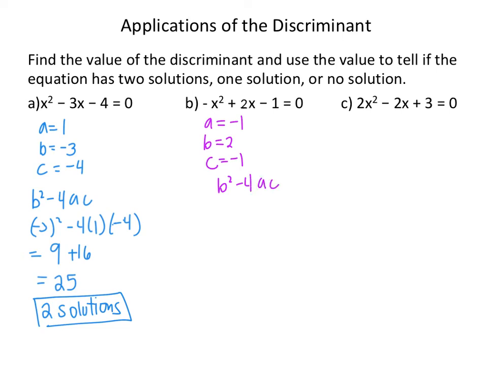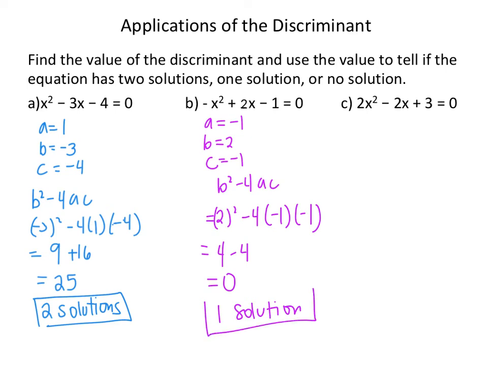So we have 2 squared minus 4 times negative 1 times negative 1. Evaluating this, I'm left with 4. Negative 4 times negative 1 is positive 4, times negative 1 is negative 4. So my discriminant is now equal to 0. So I know that I'll have 1 solution. I don't know what it is, but I know there's only going to be 1.